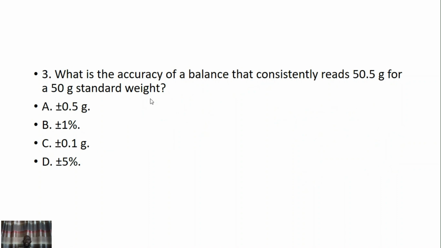What is the accuracy of a balance that consistently reads 50.5 gram for a 50-gram standard weight?